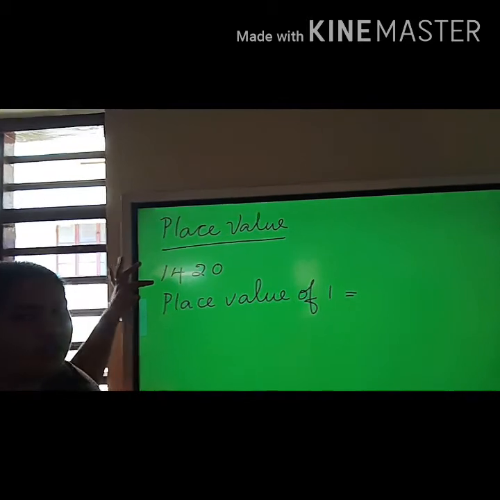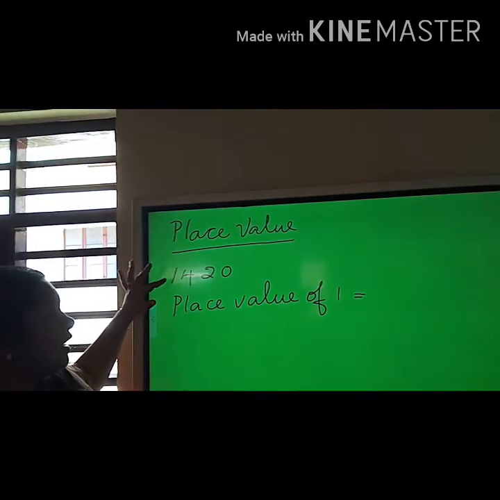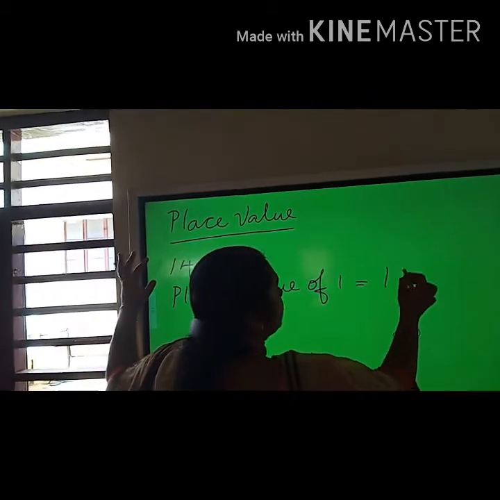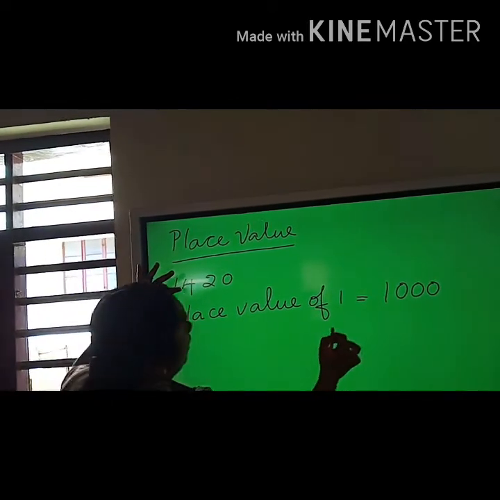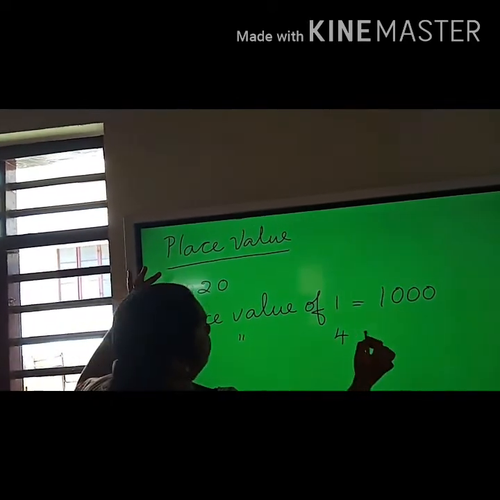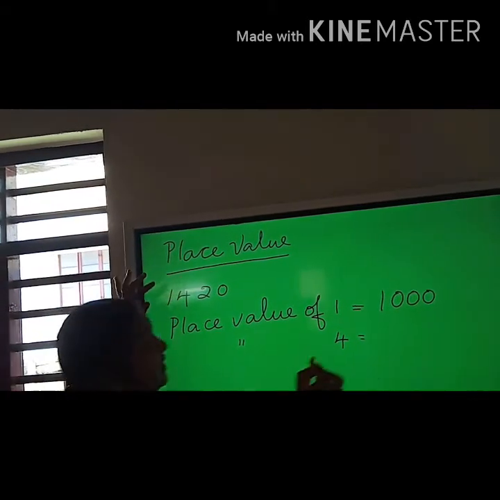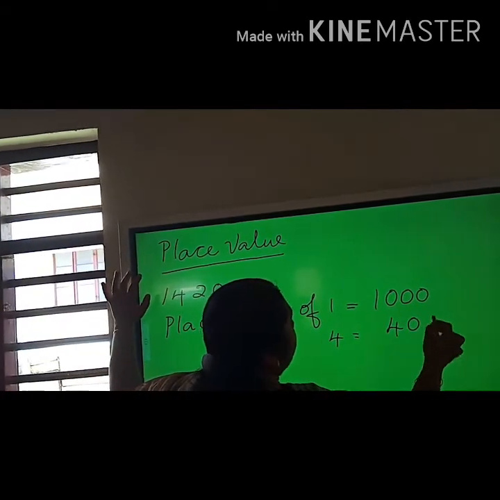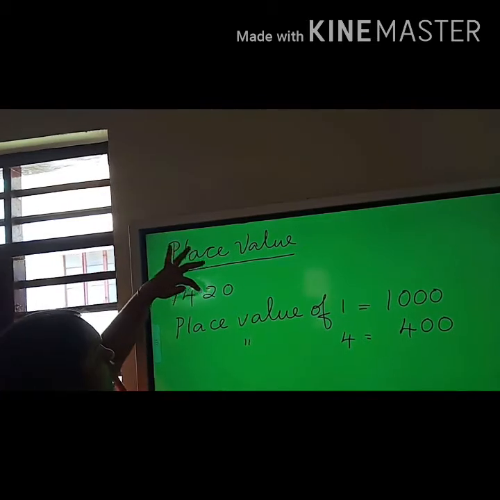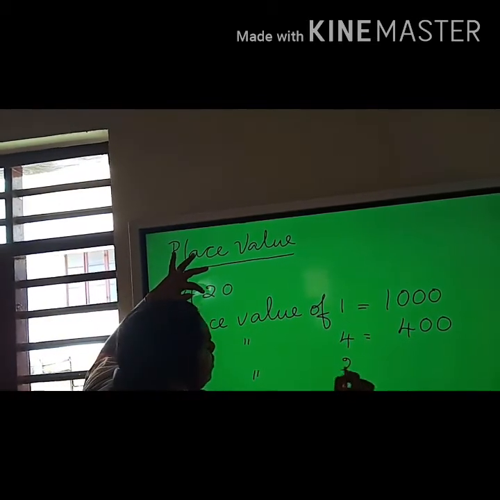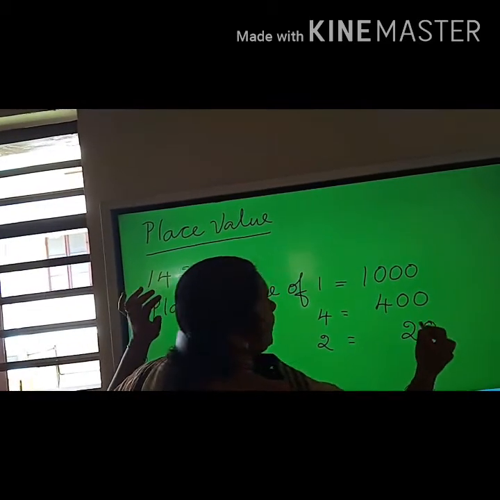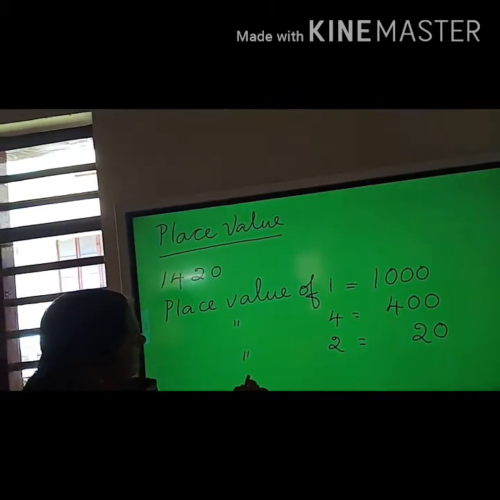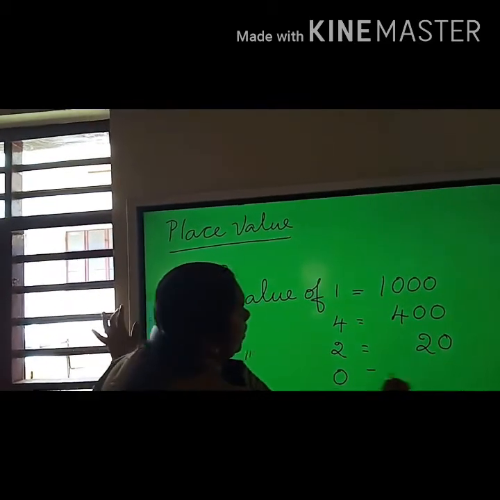What is the place value of 1? 1 is in the thousands place, so 1000. The place value of 4: 4 is in the hundreds place, so 400. What is the place value of this 2? 2 is in the tens place, so 20. And the last one, the place value of 0 is always 0.